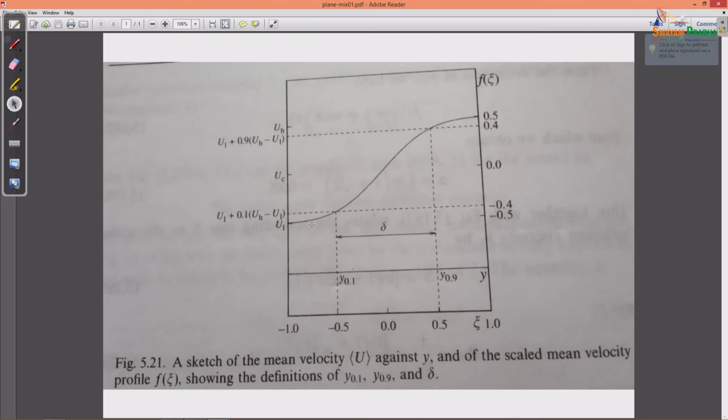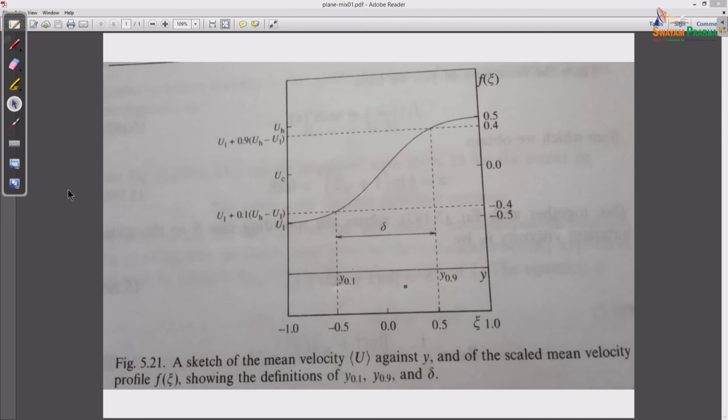Now we have this here. This is a sketch of the mean velocity, and this is y, and the scaled mean velocity profile is here, showing the definitions of y at 0.1, 0.9 and delta. If you see this, let me draw this here.